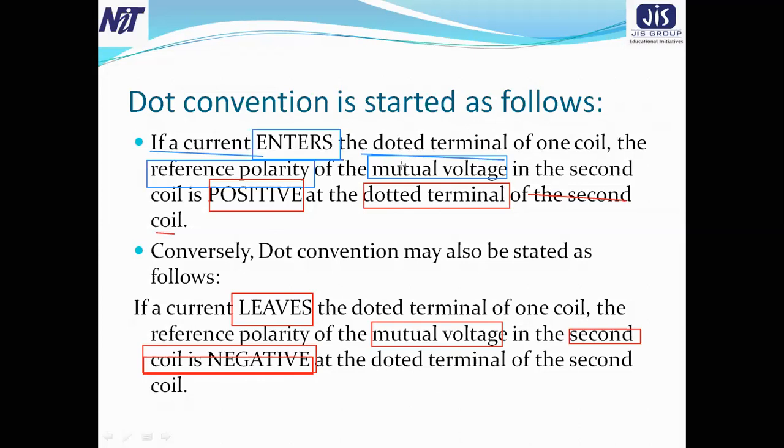This is just the opposite of the first point. So when current enters, the reference polarity of the secondary mutual voltage is positive; when it leaves, it is negative.